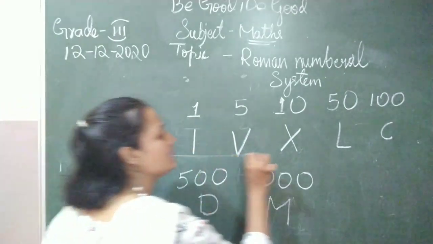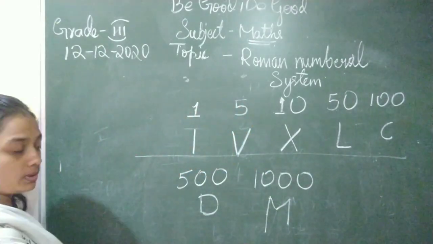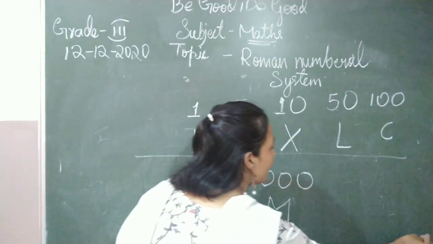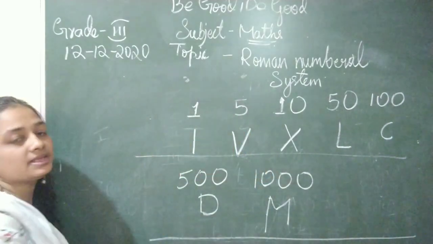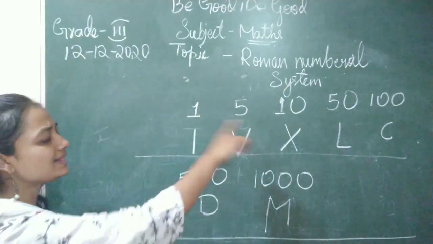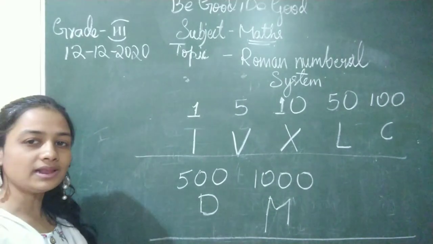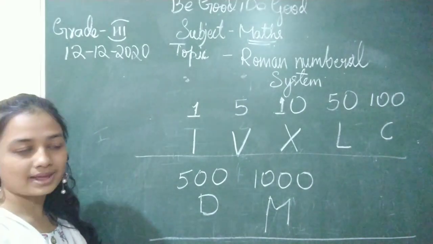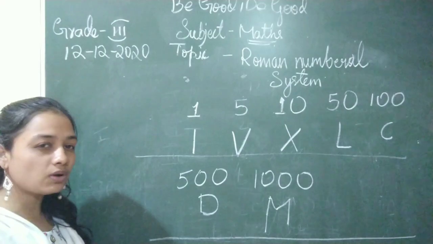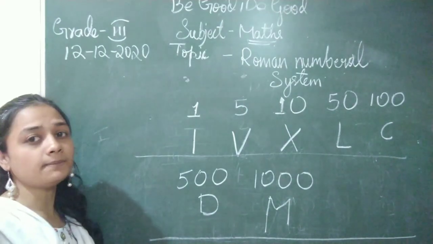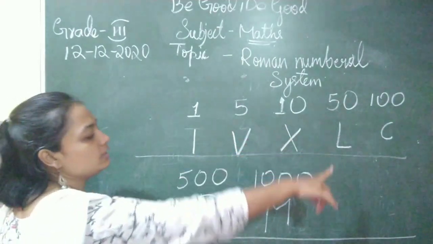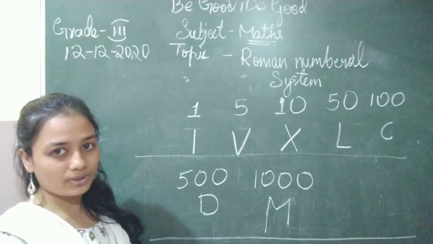So for writing numbers in Roman form, you have to keep these symbols in your mind. Only these symbols we will use, and we will create any number, from 1 to 1000 or 2000, any number, using only these symbols.